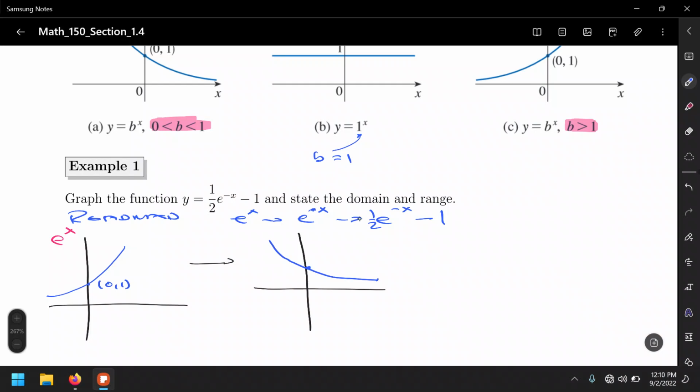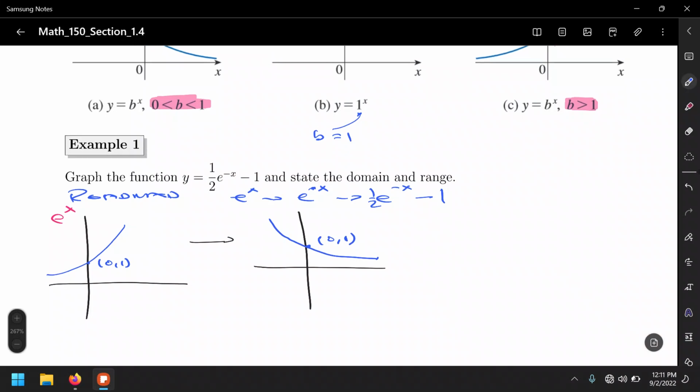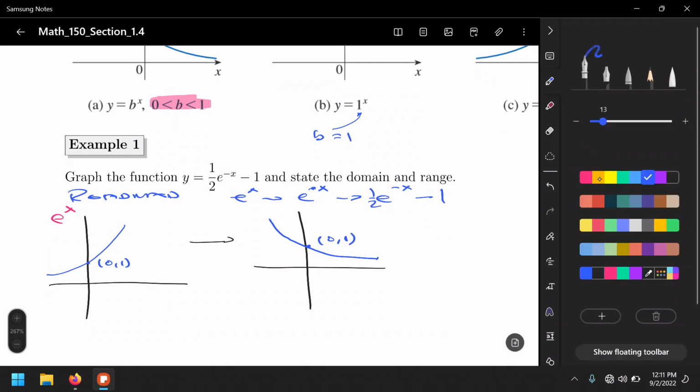And then, well, let's do the multiplication by 1/2. What is that going to do again? Shrink, right? But more specifically, shrink vertically. All right. So this will be, okay, number 1, again, this is e to the negative x.